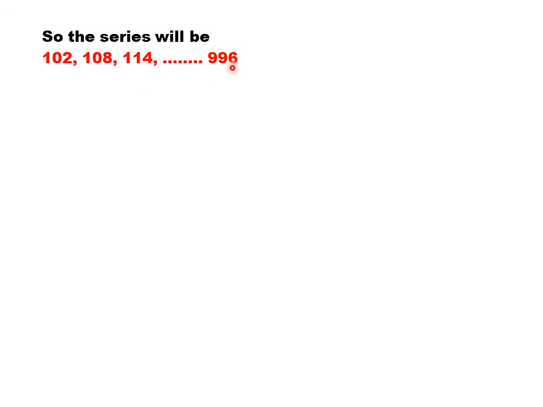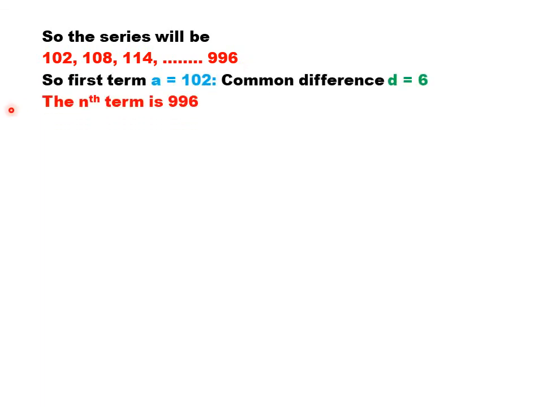So we should find for what value of n the last term is 996. The first term a is 102, common difference d equal to 6. The nth term is 996. So we can use the formula a_n equals a plus n minus 1 into d. So 996 is the last term, a_n, which is equal to 102 plus n minus 1 into 6.